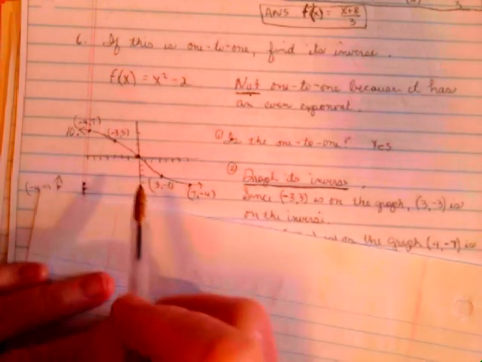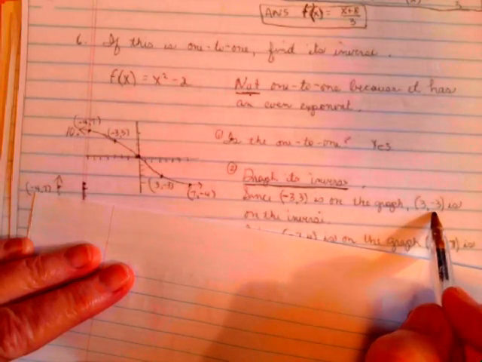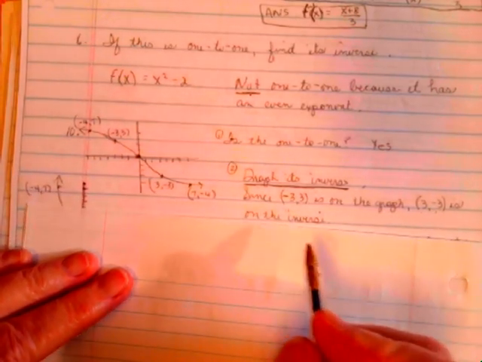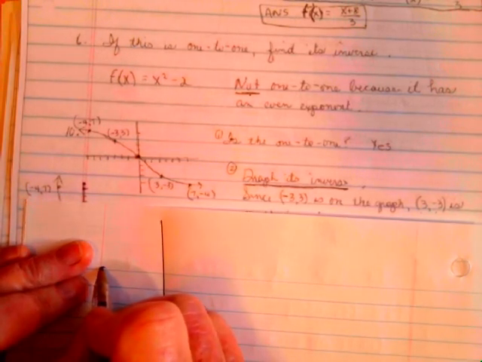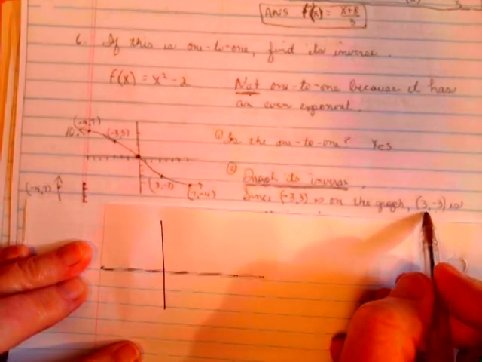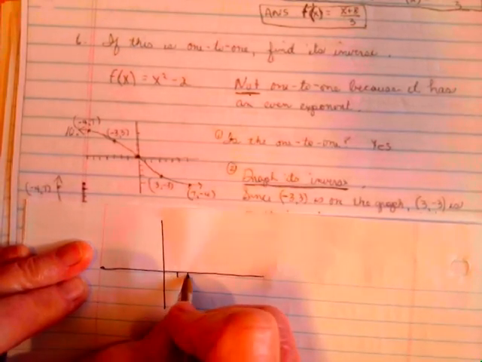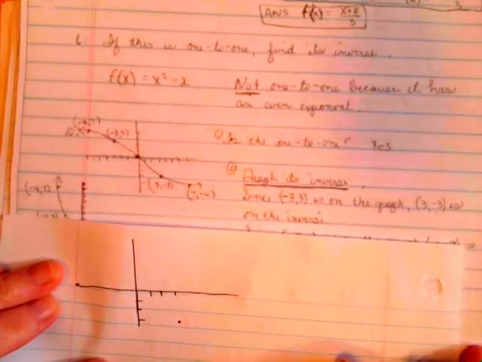Since negative 3 comma 3 is a point on the graph, 3 negative 3 is on the inverse. So we're going to draw another coordinate axis. We're going to plot these points, 3, negative 3. That's on the inverse.